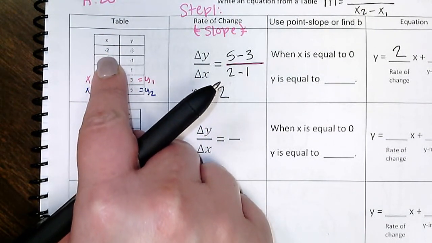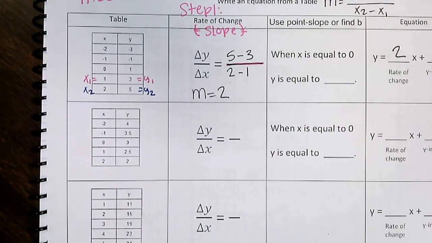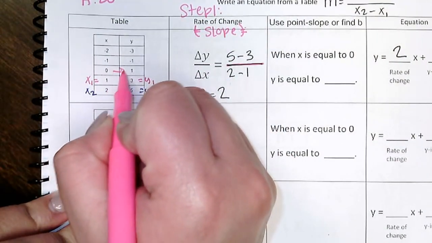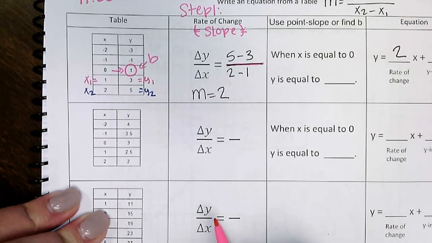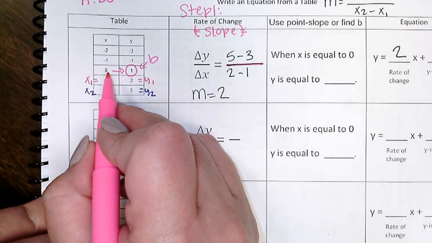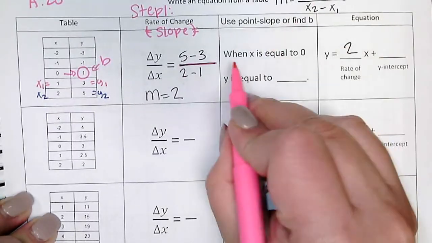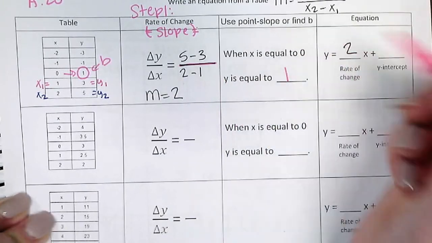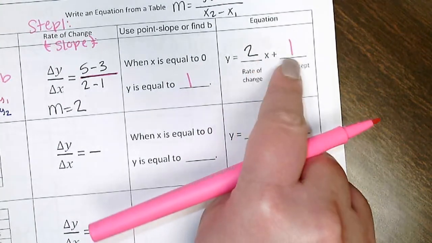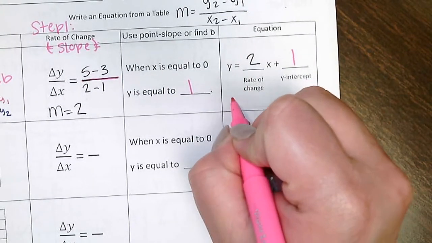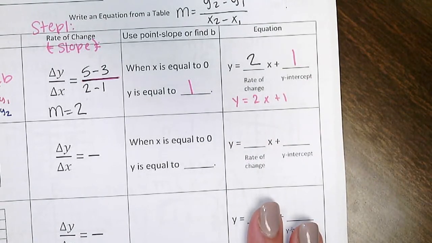So that's a -2, that's a -1, and that's a 0. So right here is your B. Whenever we have 0 on the table, we have our y-intercept. So here, when x is equal to 0, y is equal to 1. So that means our equation is y equals 2x plus 1. And that's our equation.